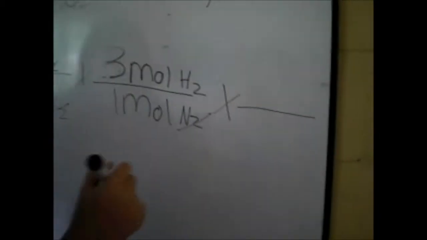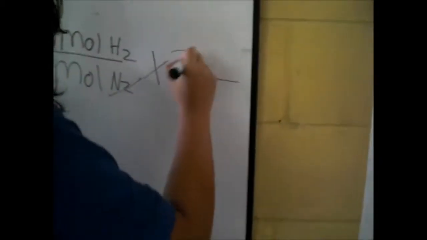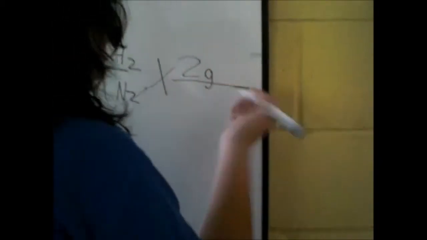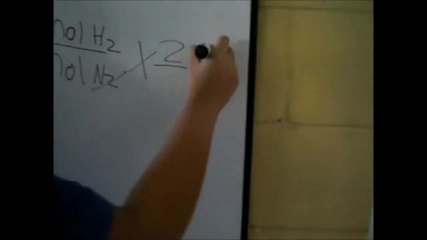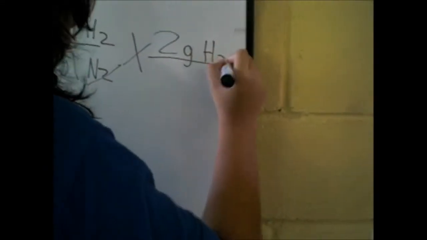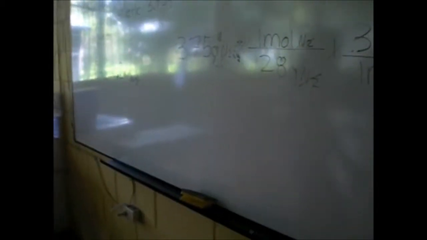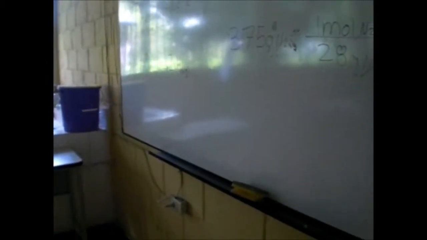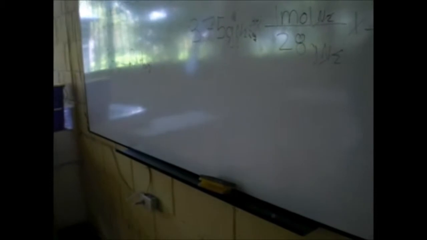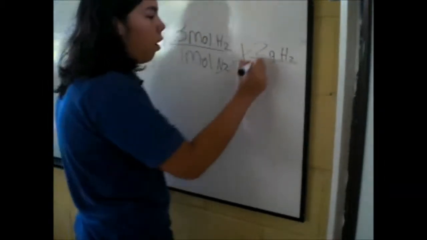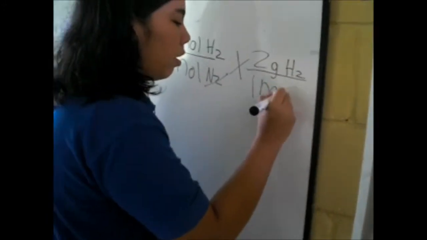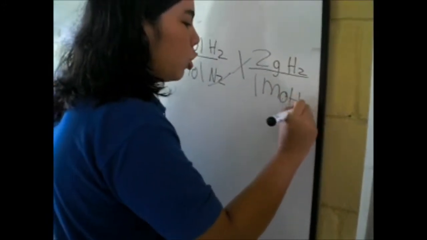So we put the 2 grams of H2 and now you divide it by 1 mole of H2.